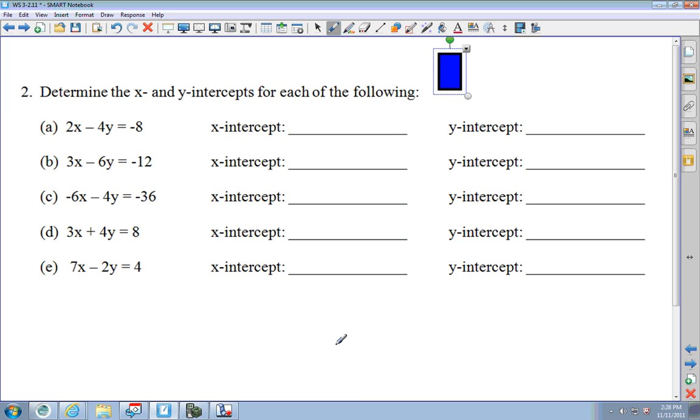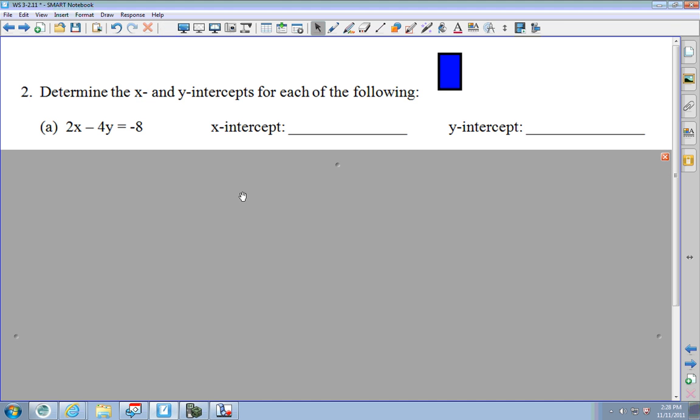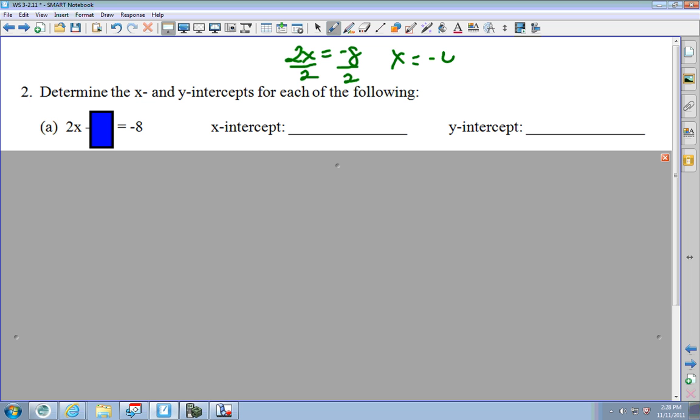Now, the next thing I have talks about determining the x and y intercepts. Let me go one at a time. If I want the x-intercept, I'm going to cover up the y's. So I have 2x equals negative 8. I'm going to divide by 2. X equals negative 4.